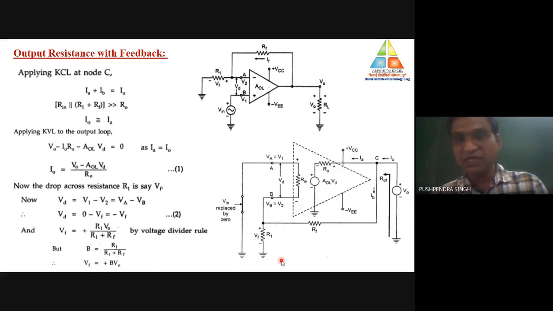In the circuit there are only some changes. In case of voltage shunt, the input voltage was connected over here, but we need to make the input voltage source 0 whenever we are calculating the output resistance with feedback.